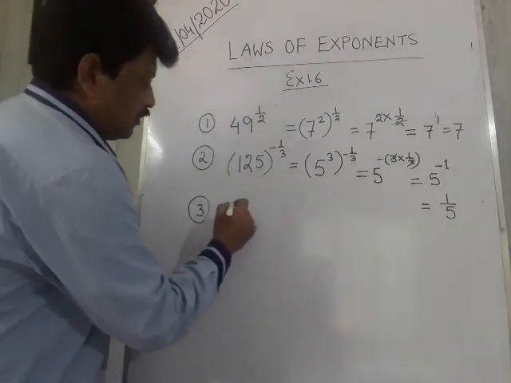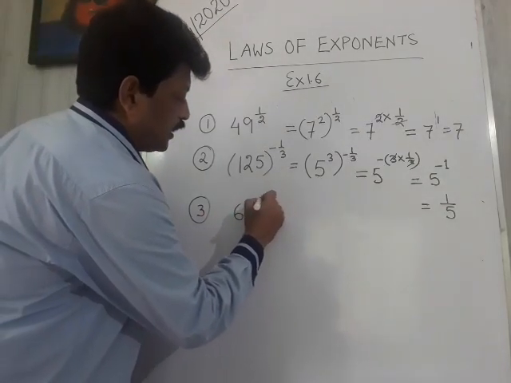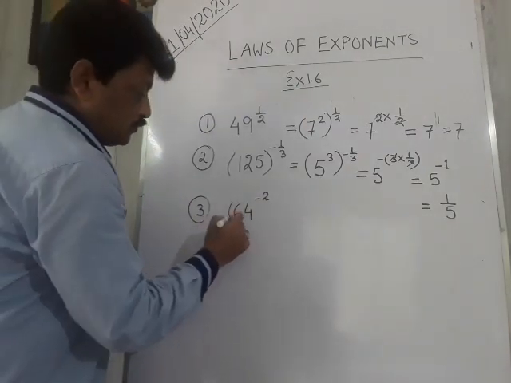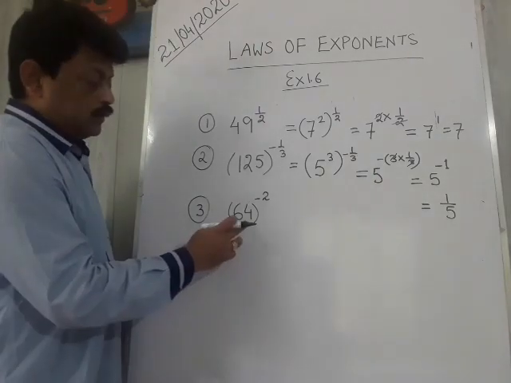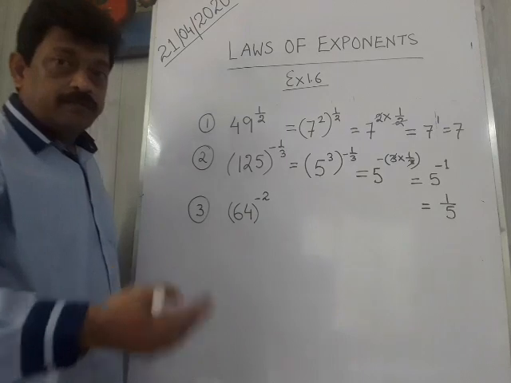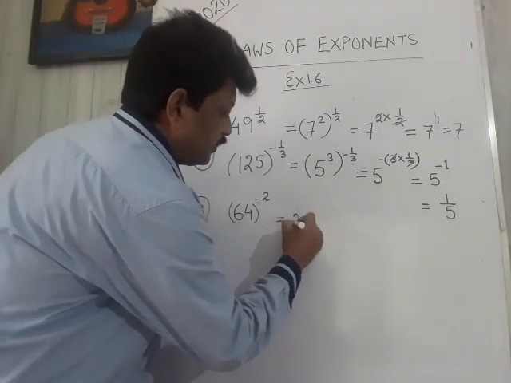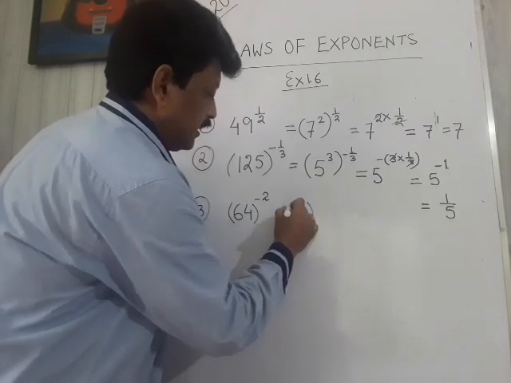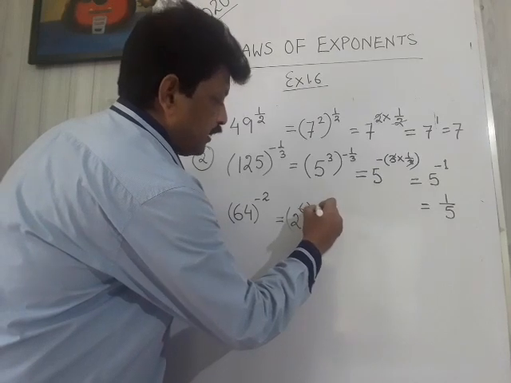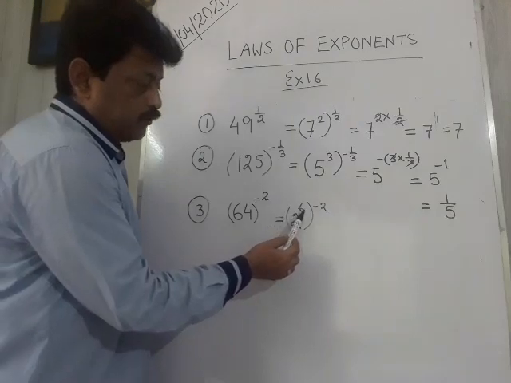Let me give one more example, that is 64 power minus 2. So first of all, 64 can be written in the form of exponent as 2 power 6, and the power of 2 power 6 is minus 2. So again we are having 2 powers.